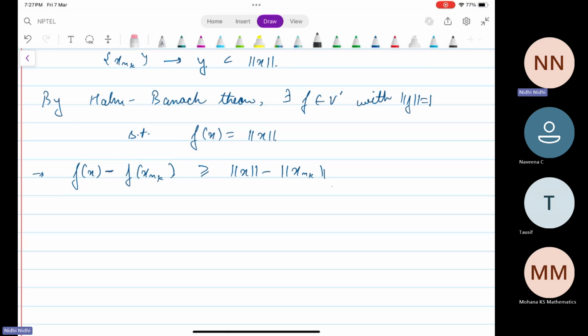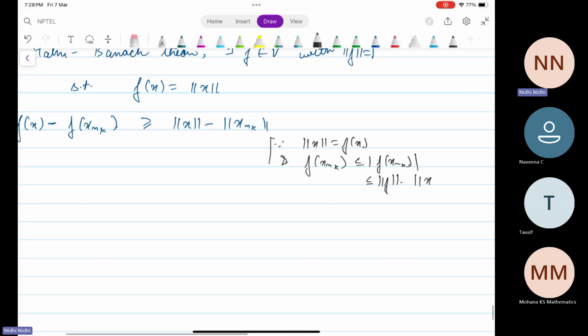Because norm x is equal to f(x), and modulus of f(xnk) is less than or equal to norm f times norm xnk, and norm f is equal to 1.